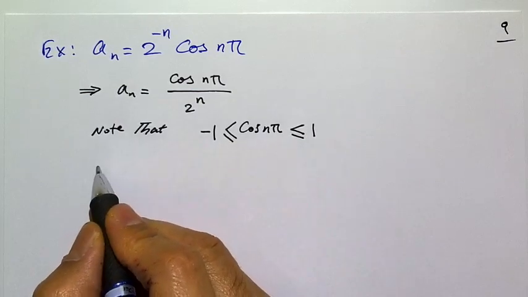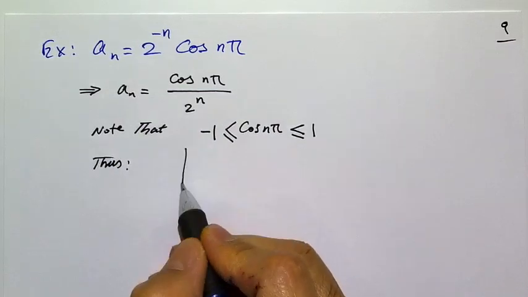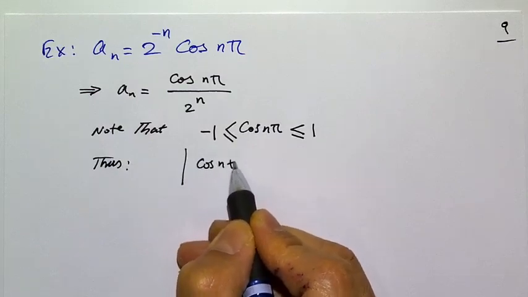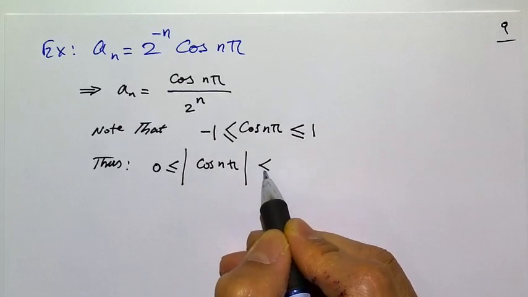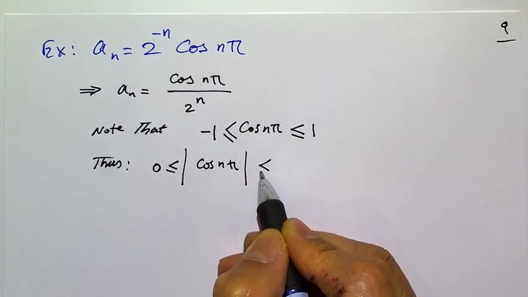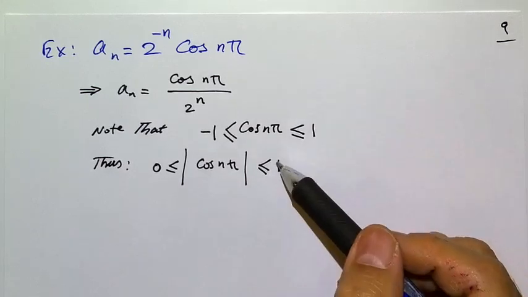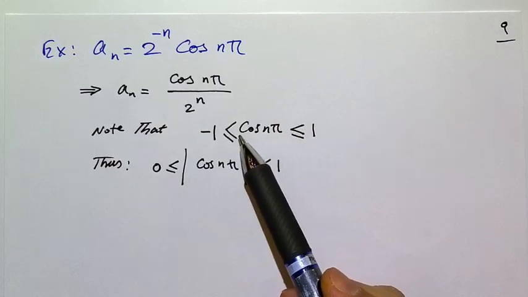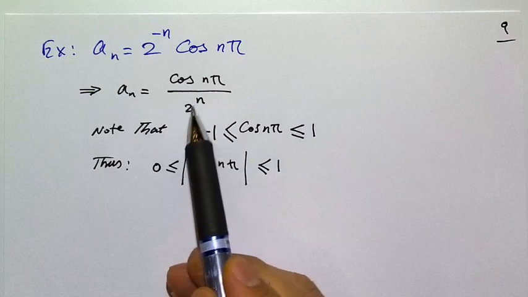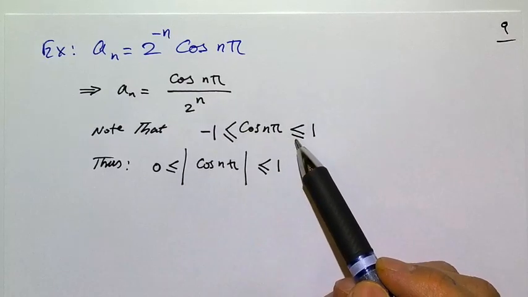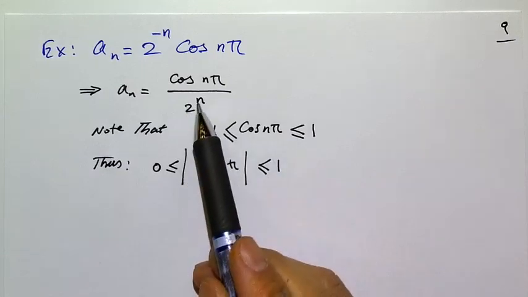Okay, so therefore the absolute value of cosine of n pi is going to vary between 0 and 1. Okay. Now we can divide, because this quantity is positive, right? 2 to the n power is a positive quantity.